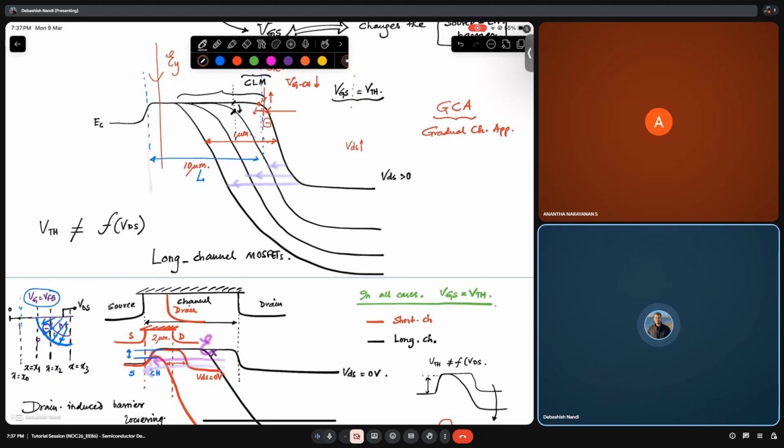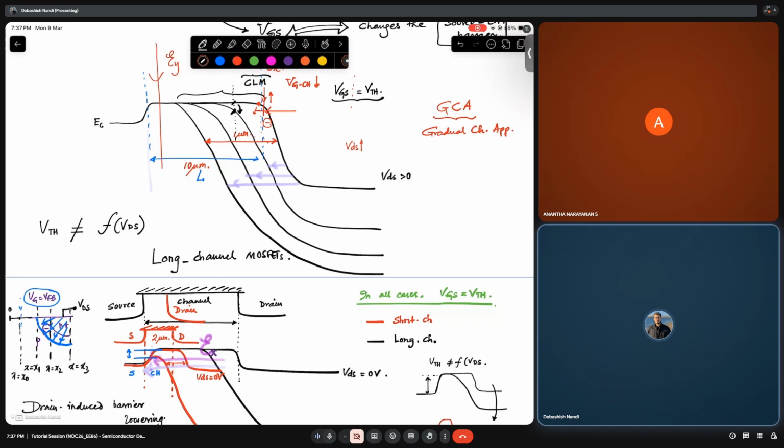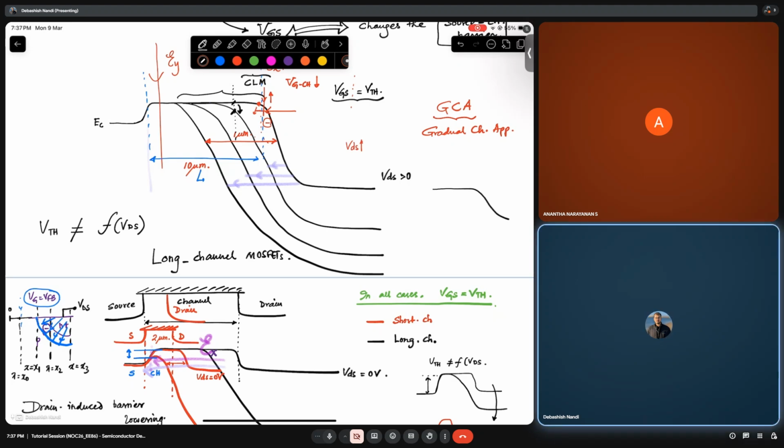Barrier in the sense of is the energy band lowered? Not exactly. Why not lowered? It is lowered, right? For the long channel case, earlier it is like this. I am ignoring the source part.